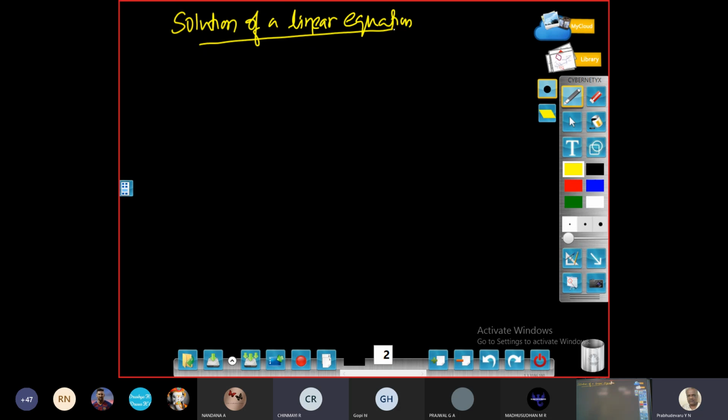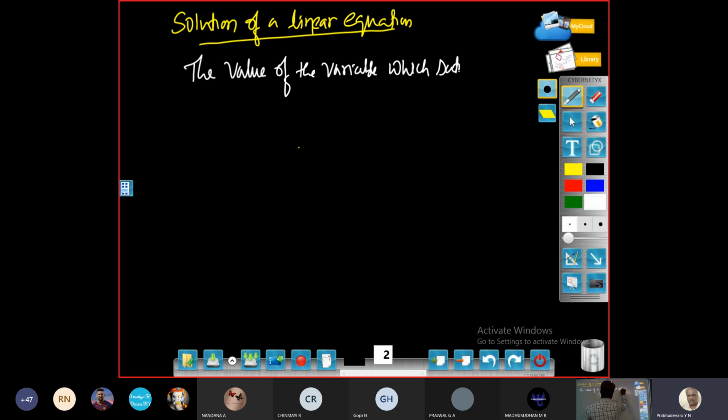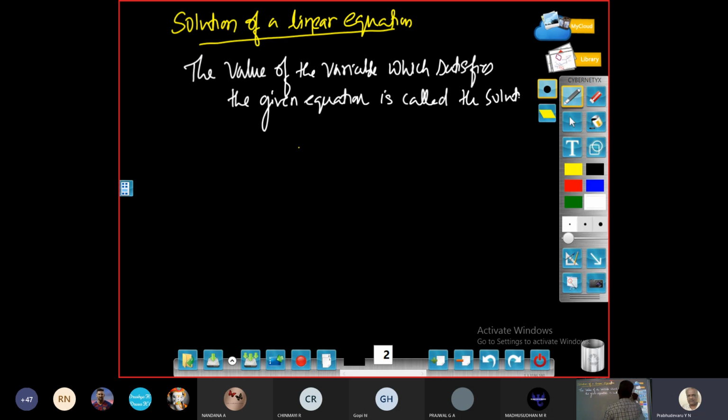You can write the statement like this: the value of the variable which satisfies the given equation is called the solution of the equation.